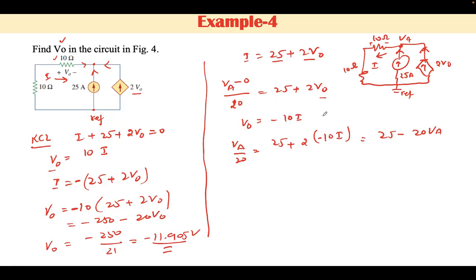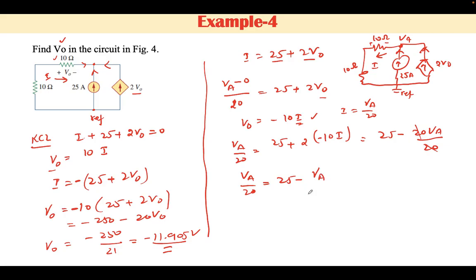I'm putting the value of I in this equation. My I is equal to VA upon 20. Further putting this value, 20 will be cancelled out. Then we will have a resultant equation: VA upon 20 is equal to 25 minus VA.